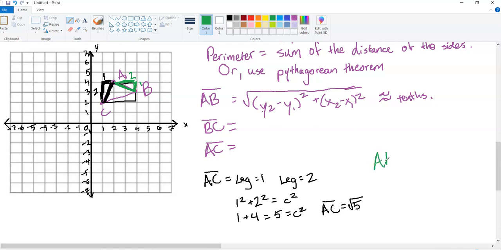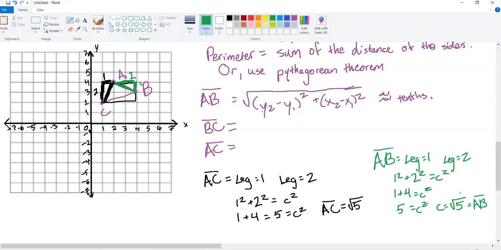So AB has one leg that is 1, and a leg that's 2, and it's a right triangle on this outside, so I can just do 1 squared plus 2 squared equals c squared. And so that gives me 1 plus 4 equals c squared, or 5 equals c squared. And I get that c is the square root of 5. So that is the length for side AB.